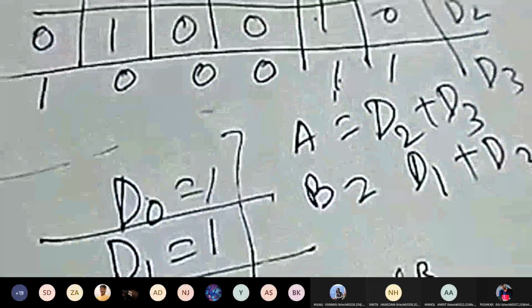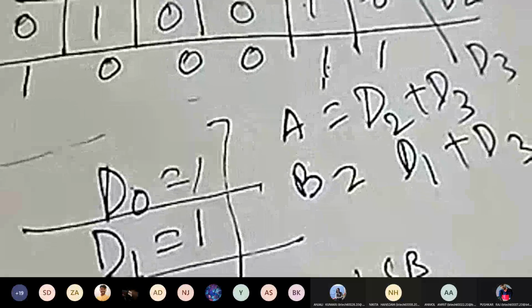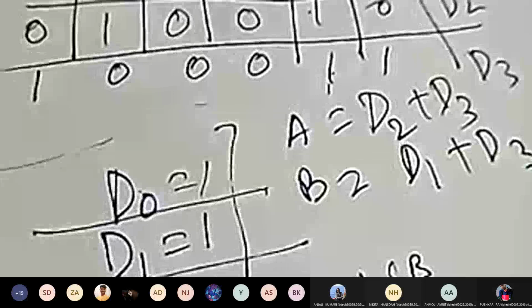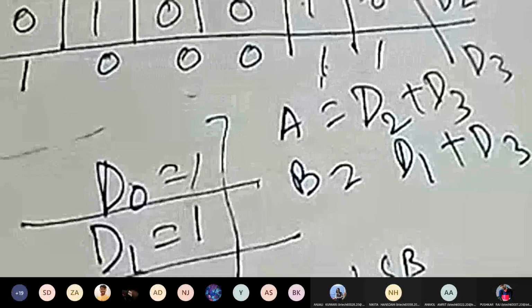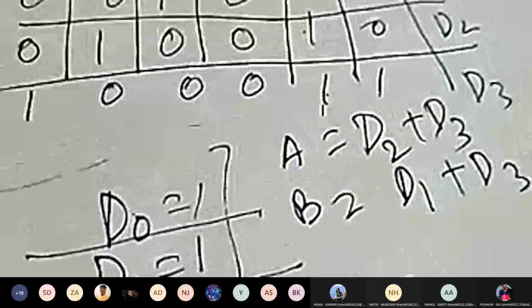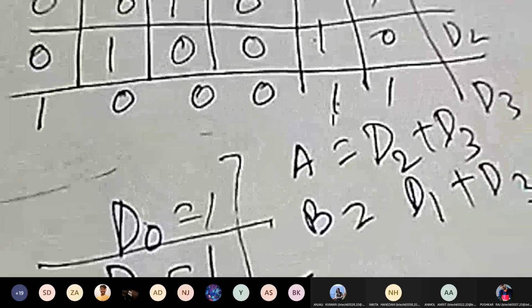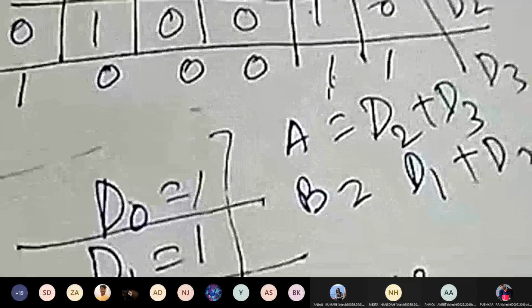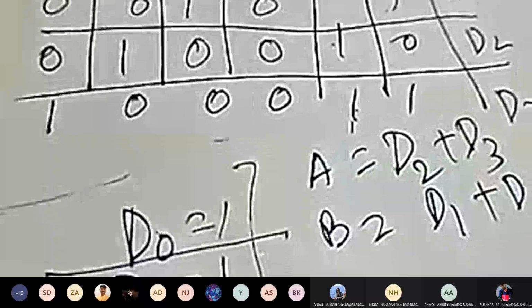Obviously, between these two, this one has the lesser priority. Between D3 and D2, D1 and D0, D3 has the higher priority and D2, D1, D0 have the lower priority. That means you will give the lower priority to the least significant bit. Suppose I am taking these two bits, D1 and D0.